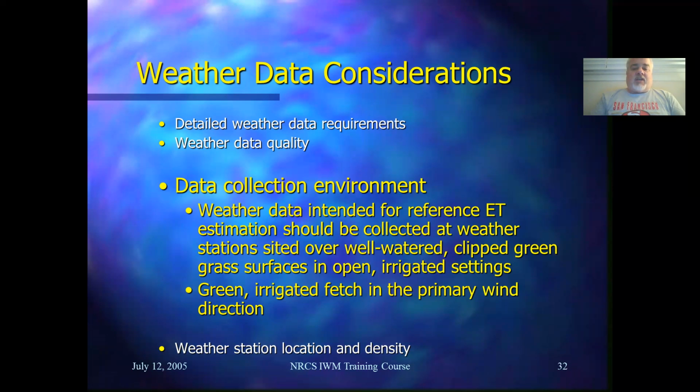Weather data intended for the reference evapotranspiration estimate should be collected at weather stations sited over well-watered, clipped green grass surface in open irrigated settings. So we have a CIMIS-style or CIMIS-capable weather station at the Alisal campus, but it's located in the wrong spot.